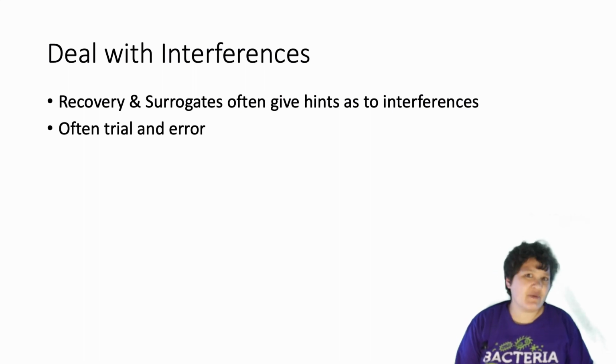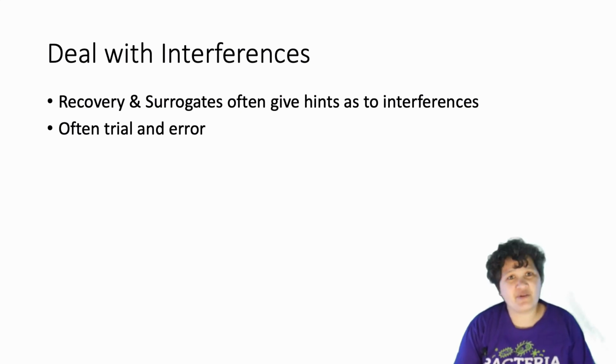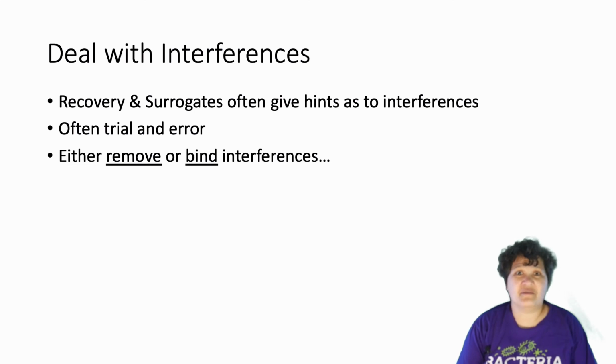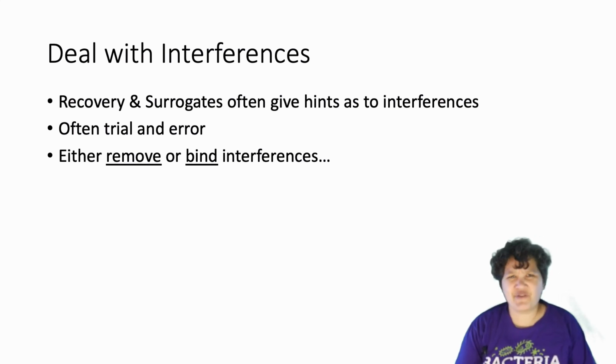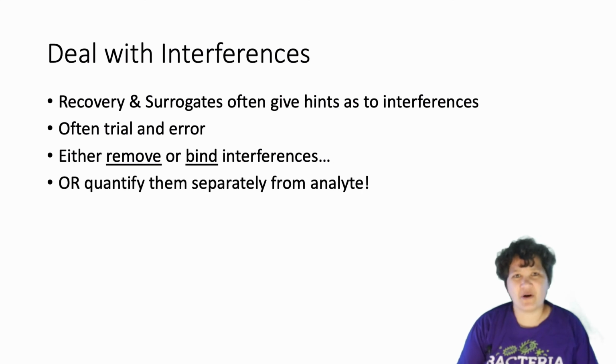Now, I wish there were an easy way to identify what interferences might exist, but it's often just trial and error, frustration, lots of time on the job, etc. Your goal here is not just to identify the interferences, but also figure out a way to get the interferences out of your sample by removing them completely, or finding something that will bind to them to keep them from being analyzed. Or if you can't do that, then at least find a way to quantify the interferences independently from your analyte, so you can then mathematically adjust your concentrations that you measure.